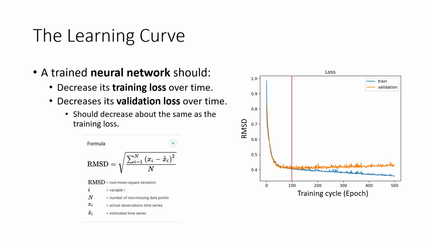And as the model is trained, the RMSD on both the training and validation data set should decrease. If the RMSD on the training set decreases, but the RMSD on the validation data set does not, this indicates that the model is not actually learning anything about the input that is relevant in determining the output. Rather, the model is basically trying to memorize all of the data in the training data set.